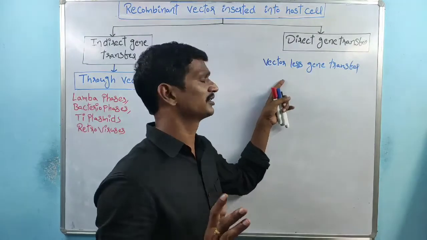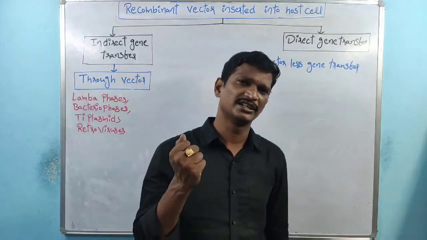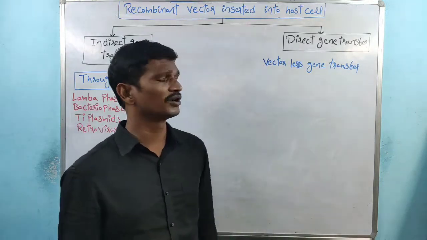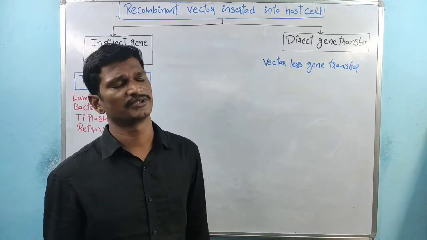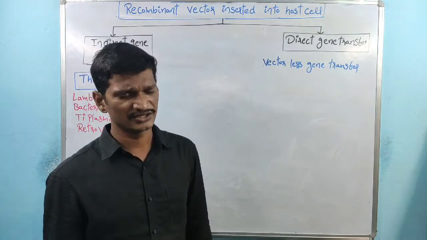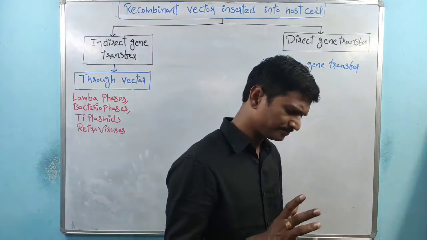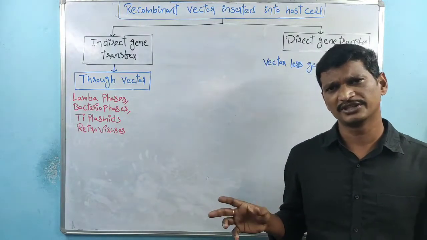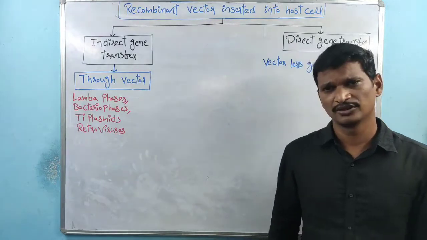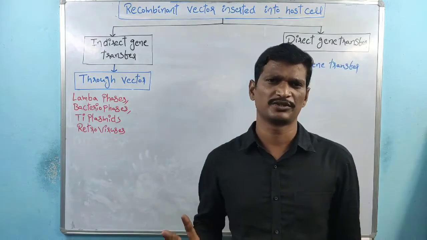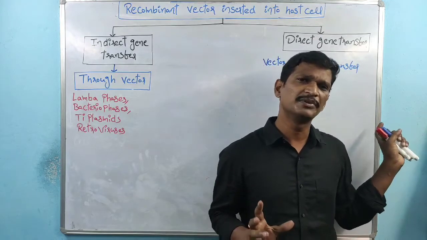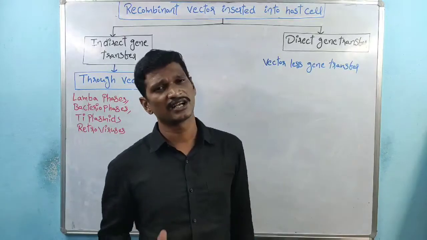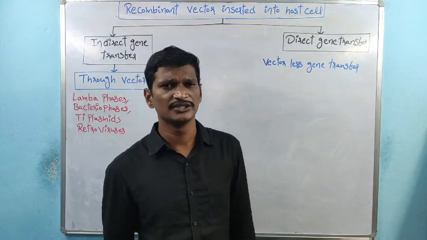We are directly transferring the desired genes. This method is called vectorless gene transfer. One gene transfer method depends on vectors, so gene transfer takes place through the vectors. The other method does not depend on vector, so this is vectorless gene transfer.